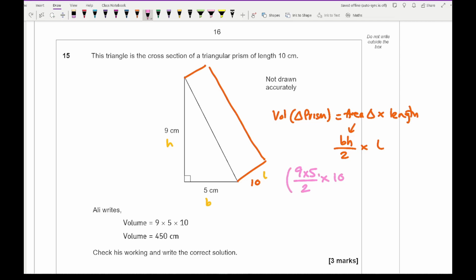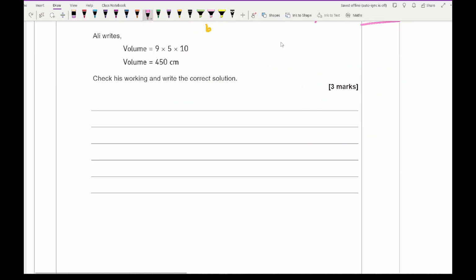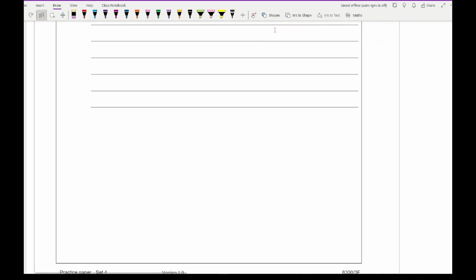If I type that into my calculator, I get an answer of 225. And it's really important that you include the units, which is centimetres cubed, especially as there are no units mentioned at all. So if you just wrote 225, you would lose a mark.